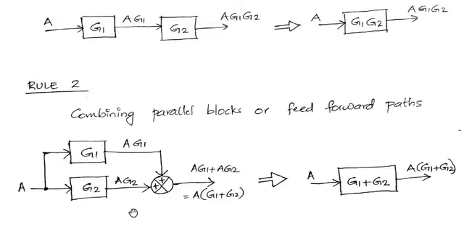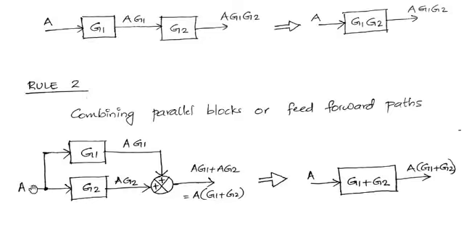See, if you look here, you can see A is the input. I have two blocks in parallel, one with the gain G1 and the other one with the gain G2. The same signal A is provided to G1 as well as G2. So signal A coming to G1 will get multiplied with the gain G1 and will produce AG1.